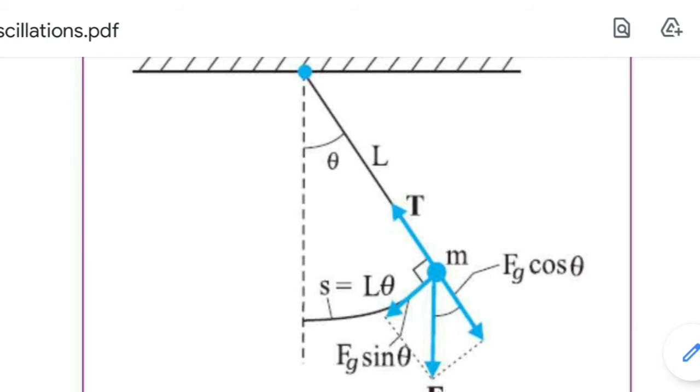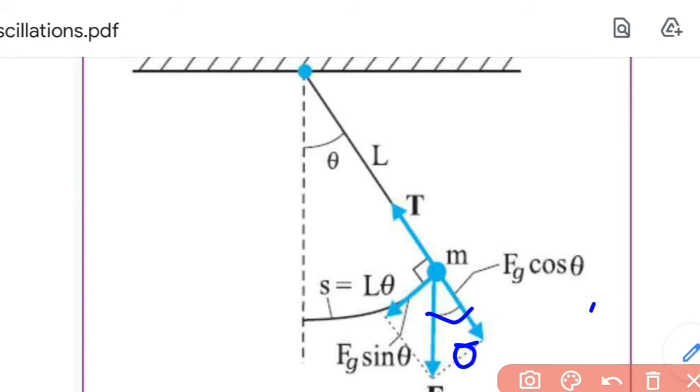So with that vertical direction, the string, when it is at that particular position, makes the angle theta. That angle we take as theta, and this particular angle also will come as theta. That is how we have the component along the direction of tension as Fg cos theta, and perpendicular to it as Fg sin theta.